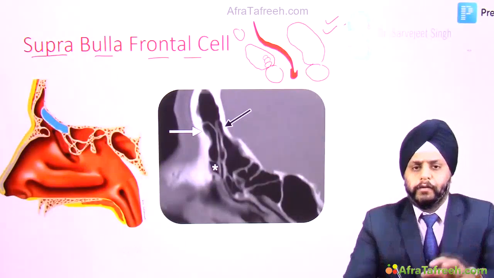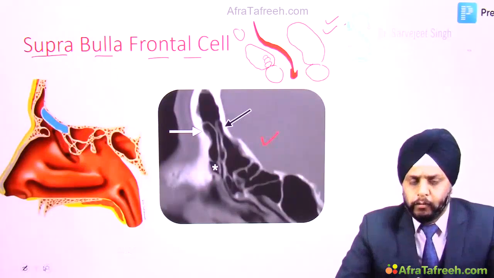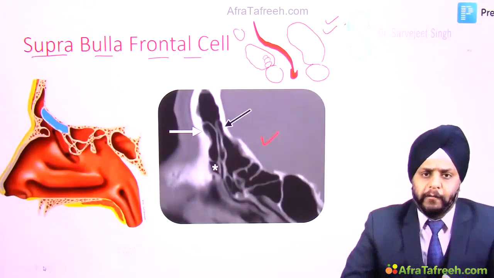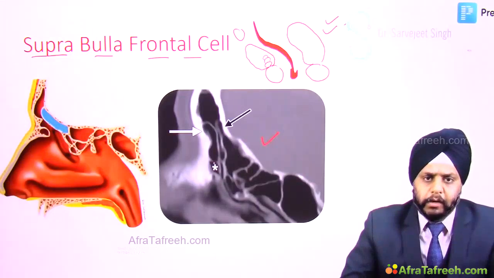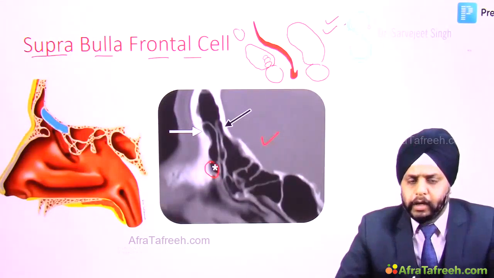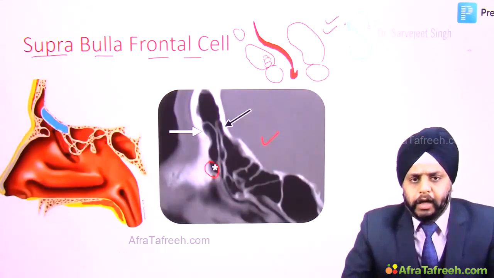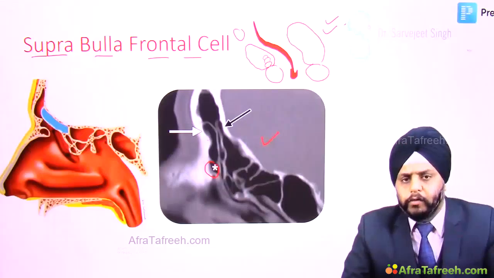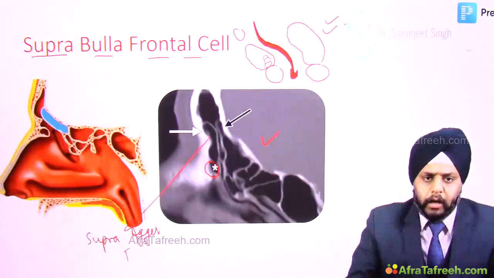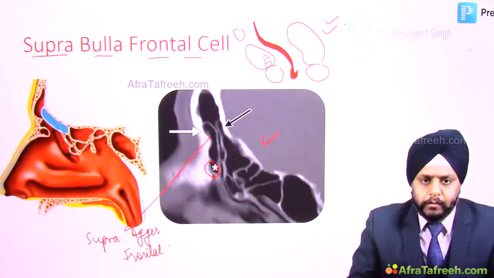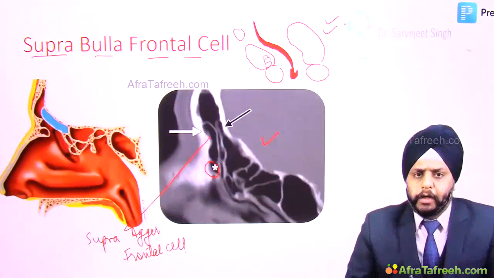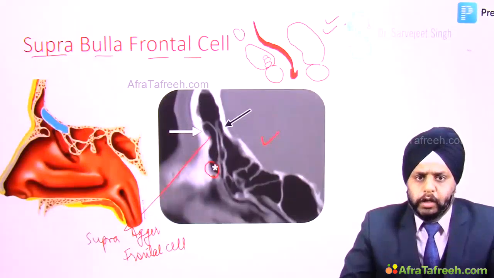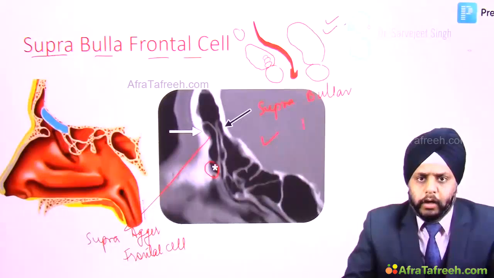Look at this photograph, this CT scan. What do you see? A very particular CT scan that I've brought for you. You can see over here this star mark, that is the agger nasi cell, the anteriormost cell. And above the agger nasi, the white arrow is showing the supra-agger frontal cell. And what do you see behind it? Behind it you see the suprabullar frontal cell.